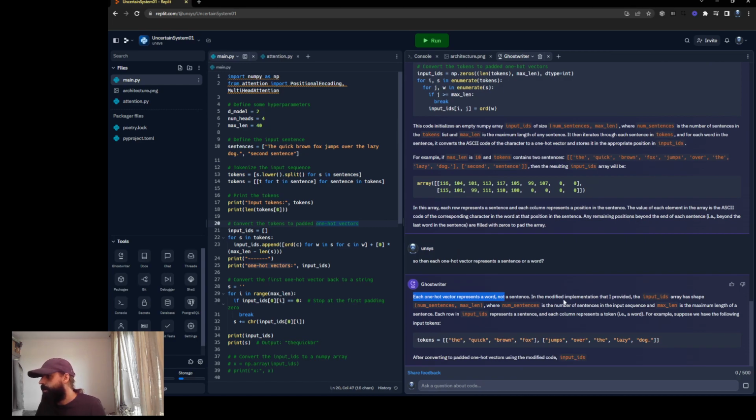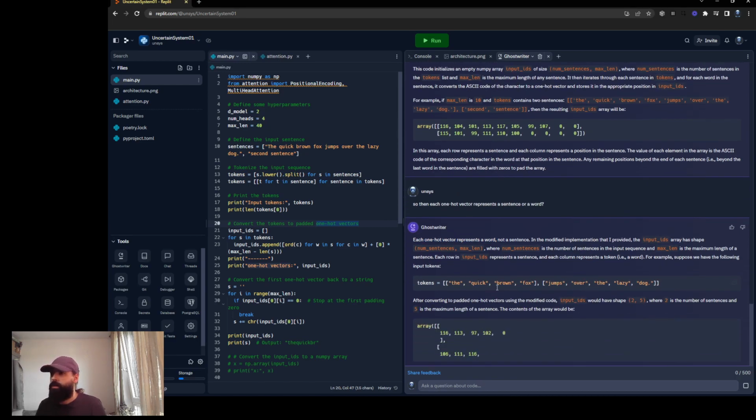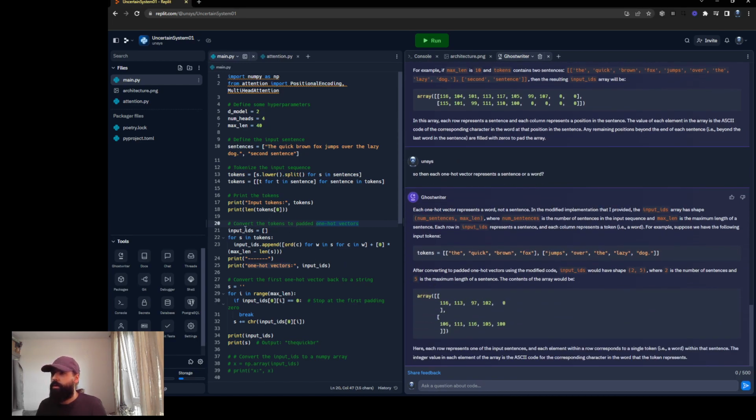Yeah, that's the point. Okay, whatever. Tokens to padded one-hot vectors. It's fine. Why are they called one-hot vectors? I think I asked already, but I forgot.